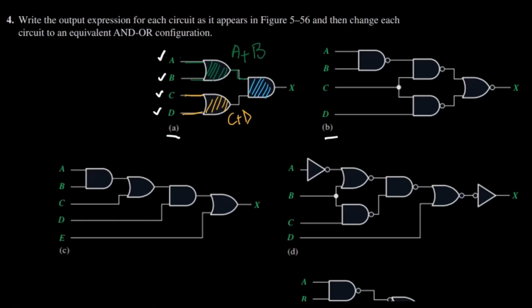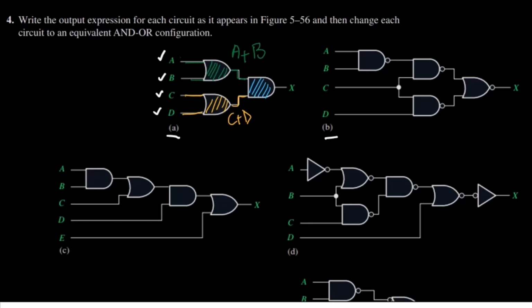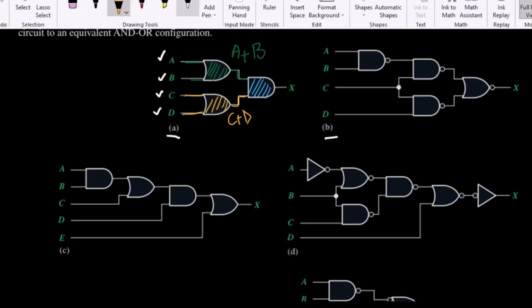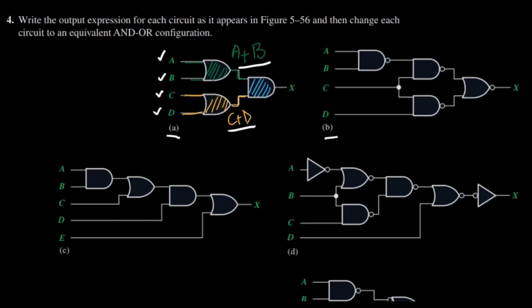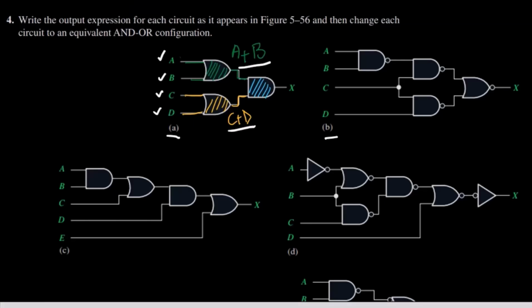So these are the two inputs which are applied to this AND gate. At the input of this AND gate we have A plus B and C plus D. The functionality of this AND gate is that these two will be multiplied together.